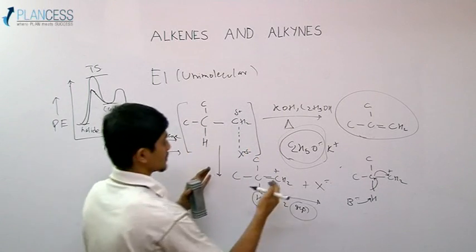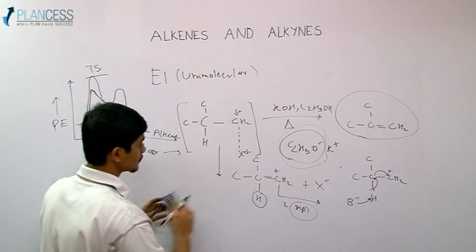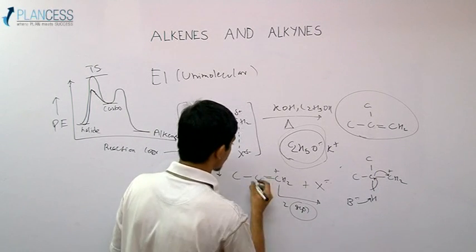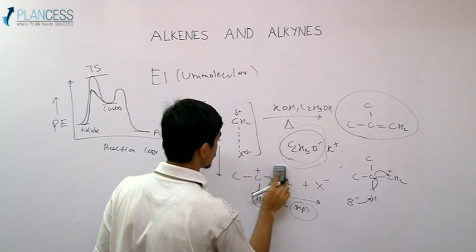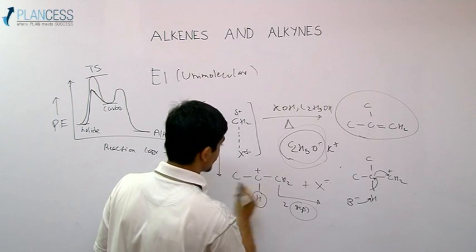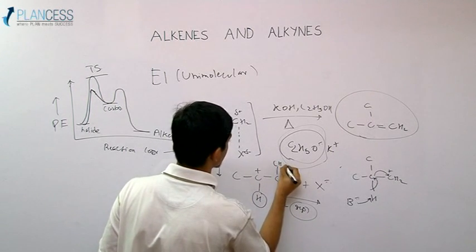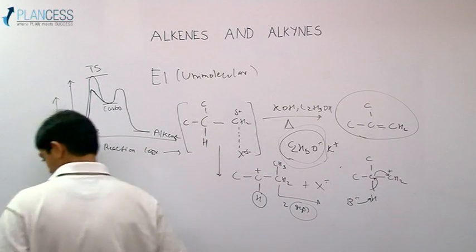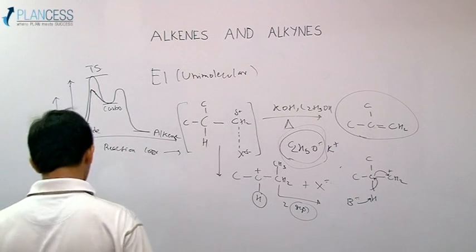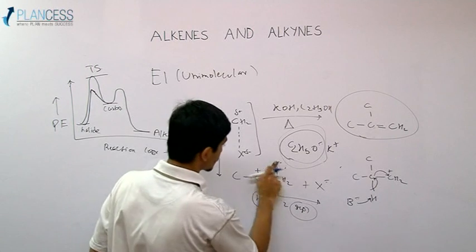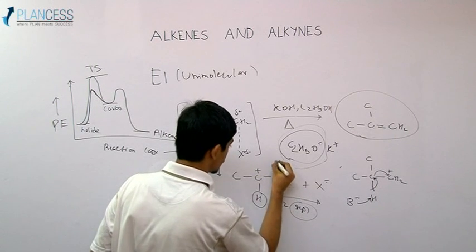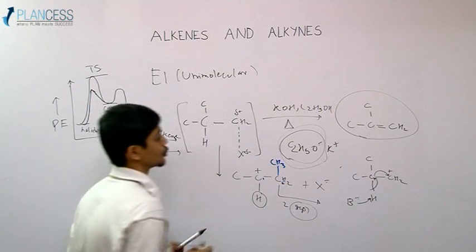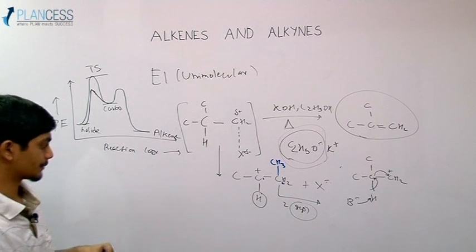So what we can do is rearrange the carbocation, that is, shift the methyl group from here to here such that the carbocation comes over here. I have shifted the methyl group from this carbon to this carbon. Let me show that in blue. I have shifted the methyl group from carbon 1 to carbon 2. So now what do you get?